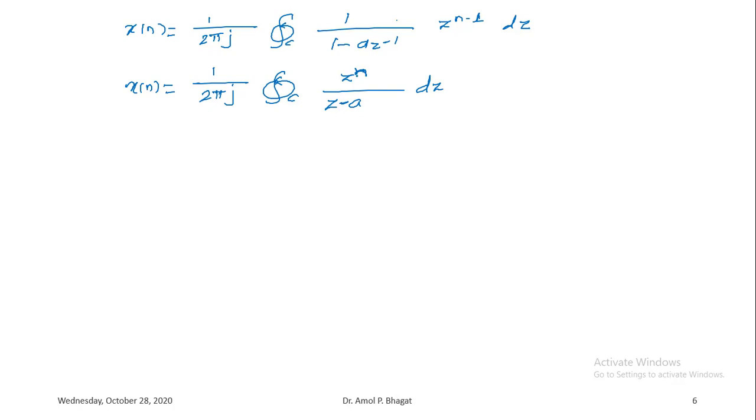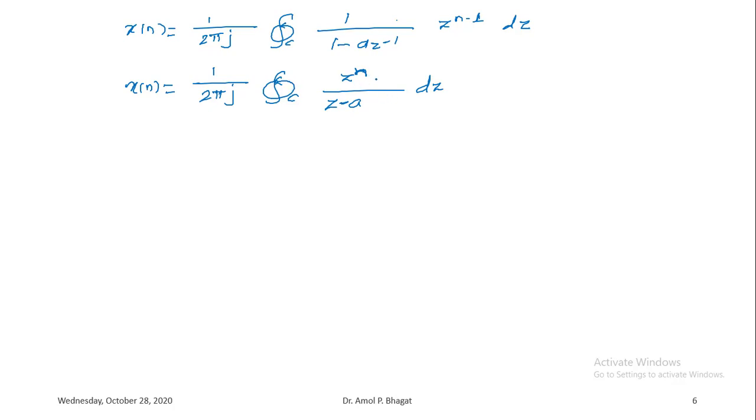But if n is positive, the pole will not exist at z equal to 0, because for z equal to 0 this value will be 0. And we have to consider these poles inside the contour. Contour means the ROC will lie inside this contour, so that will be for some finite values, and we will be considering pole values.